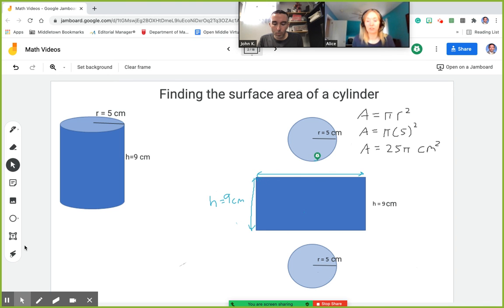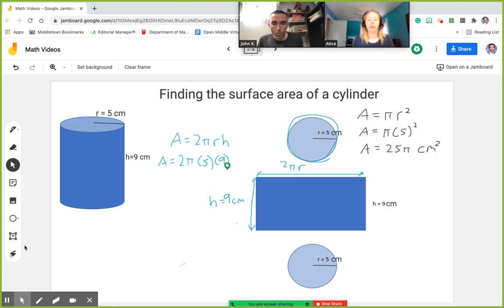So it's the circumference of that circle, which is 2 pi r. To find the area of the rectangle, the area is going to be 2 pi r h. And we know that the radius is 5 and the height is 9.